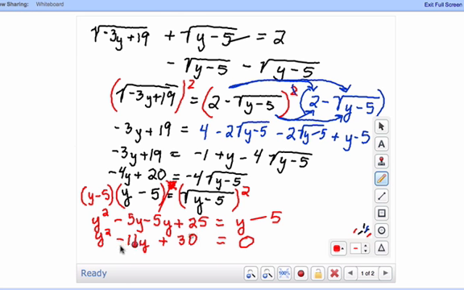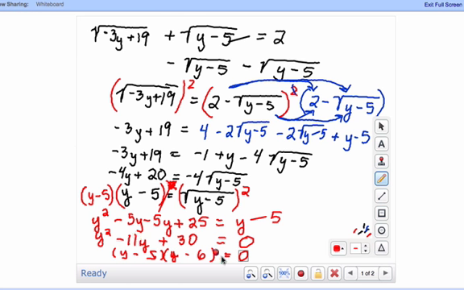So what two numbers multiply to give you a positive 30, but add to give you a negative 11? So it's going to be a negative 5 and a negative 6. Which multiplies to give you positive 30, but when you add a negative 5 and a negative 6 together, it gives you negative 11.